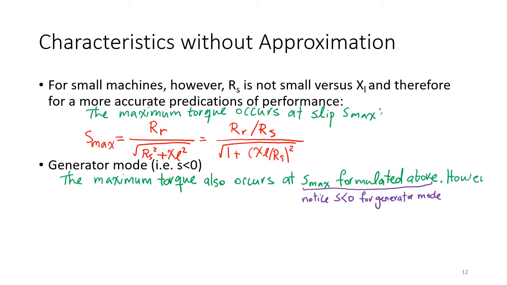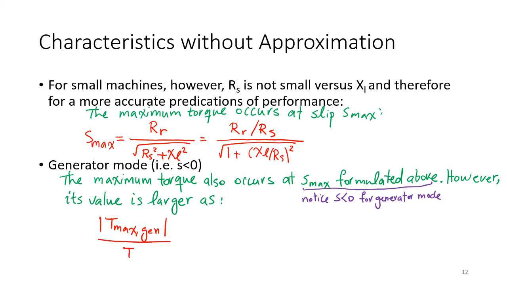However, its value is larger, as T max gen over T max. We know that T max in the generator mode is negative.